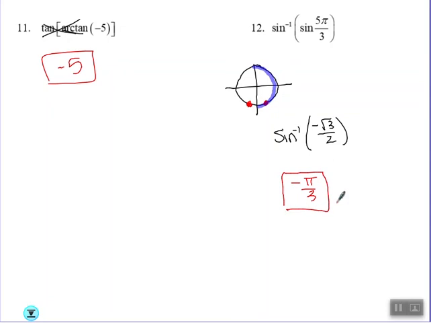This is not the same angle that we had at the beginning. It is the coterminal angle of 5 pi over 3. So yes, the sine and the inverse sine still kind of cancel out, but we get an answer that is between negative pi over 2 and positive pi over 2 and is coterminal with our original angle.